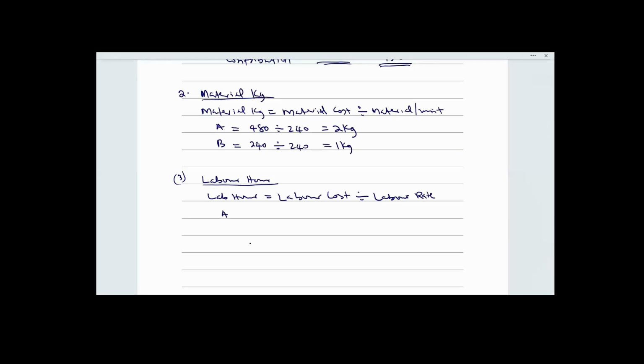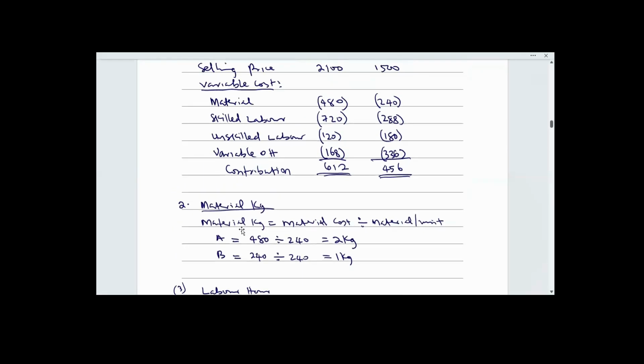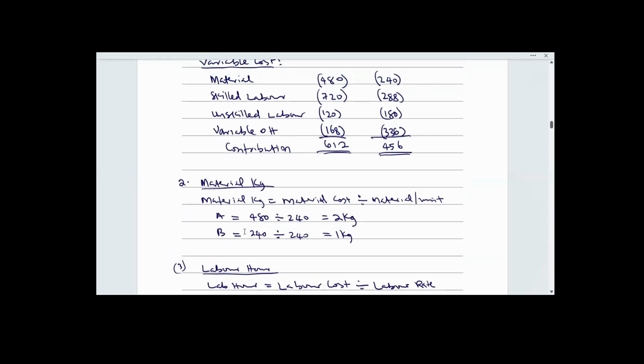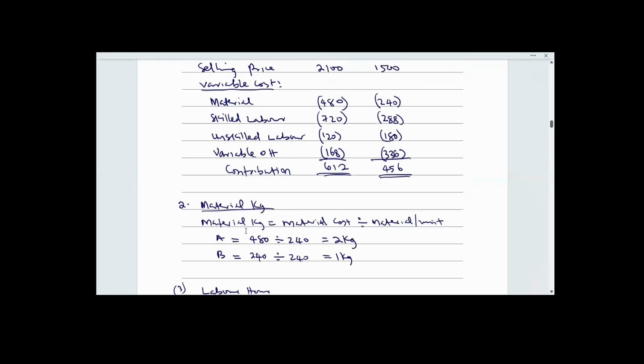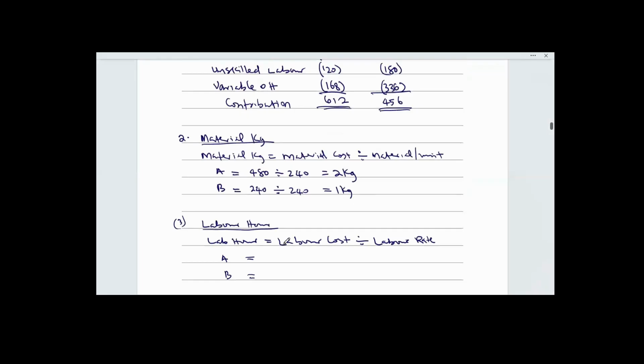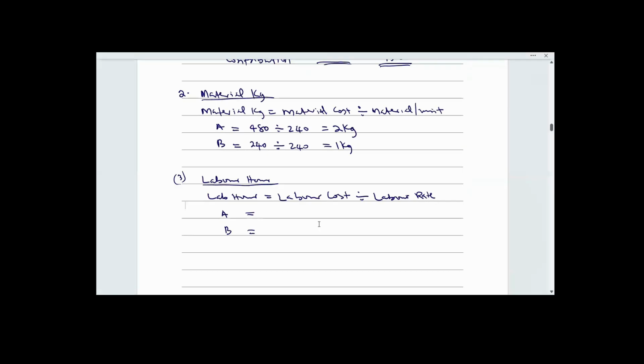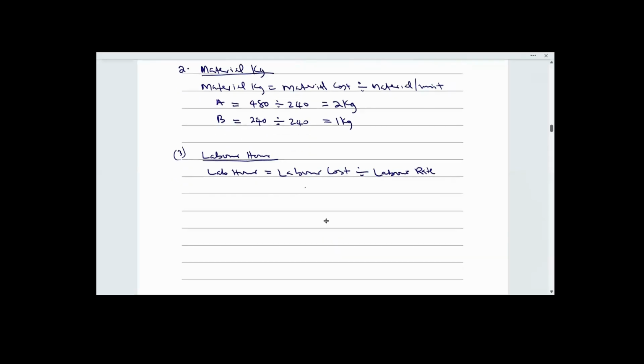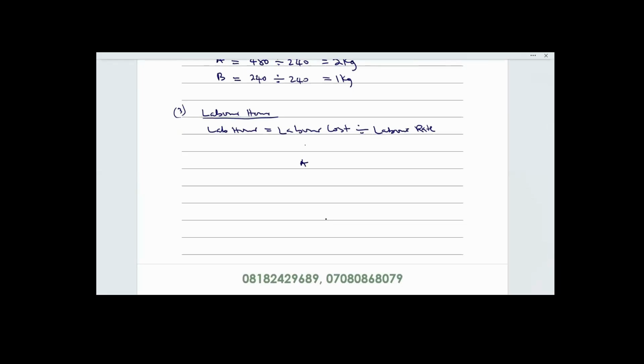Therefore, for product A and B, skilled labor cost is 720 and 288. So the labor rate is 144 naira. In fact, let me use a table to do this.